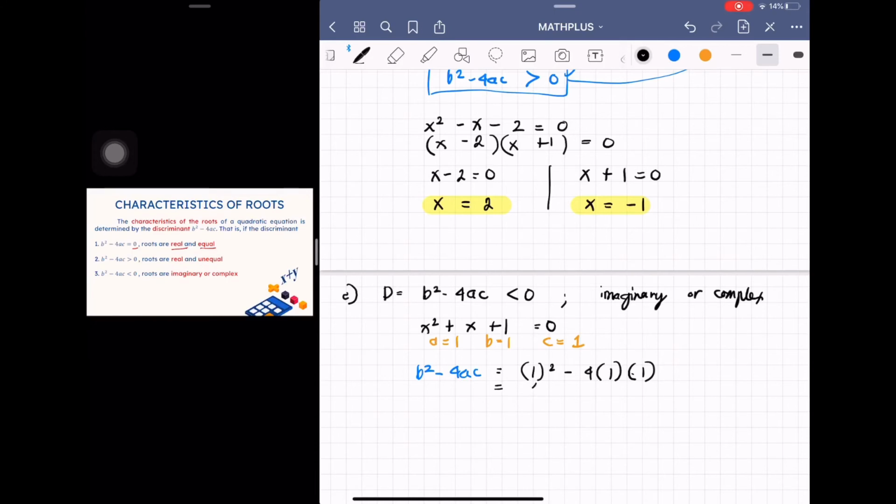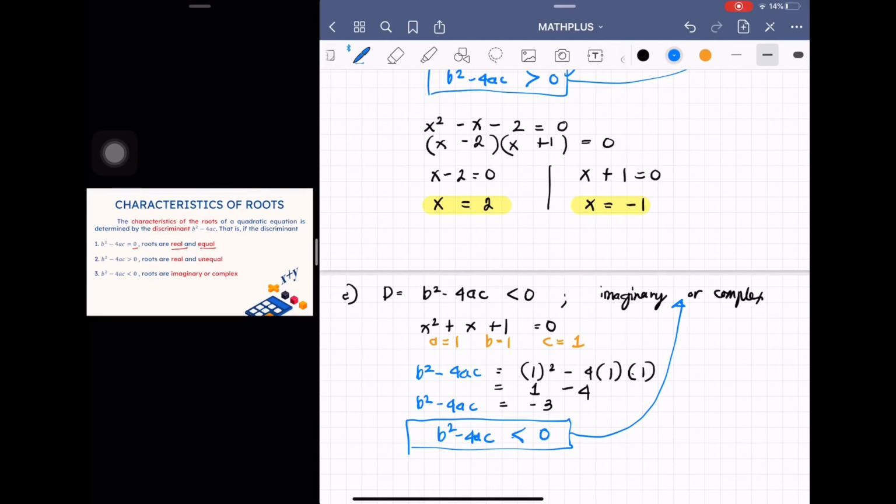So we'll get here positive 1 minus 4. You'll get b squared minus 4ac equivalent to negative 3. And this concludes that your discriminant in this equation is actually less than 0 because you get a negative answer. And that will result to an imaginary root or a complex root.